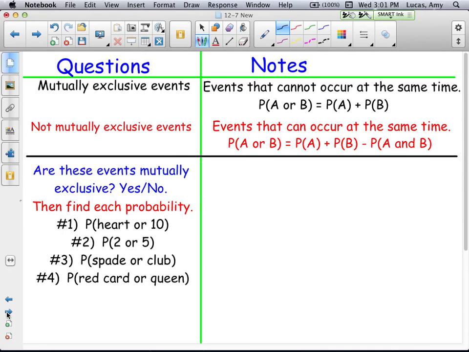So to find their probabilities, you add together the probability of each event and you subtract the part where they overlap, the probability of A and B. I'm going to explain that for these last 4 examples. So are the events mutually exclusive? Yes or no? Then find the probabilities. So we have 4 left.